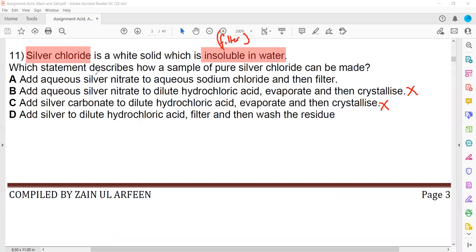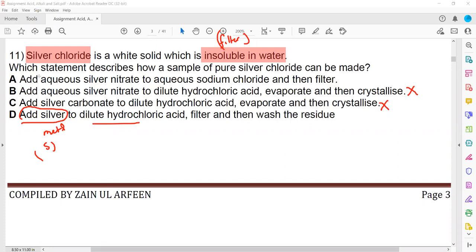When insoluble salts are prepared, they are prepared when solutions are mixed. But when you check option D, add silver. Silver is a metal. It is not a solution. It is a solid. So a solid mixed with acid is not the technique to prepare an insoluble salt.